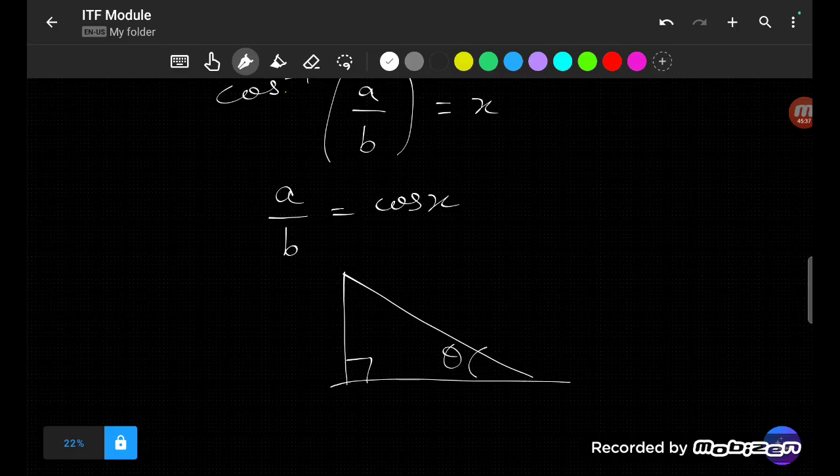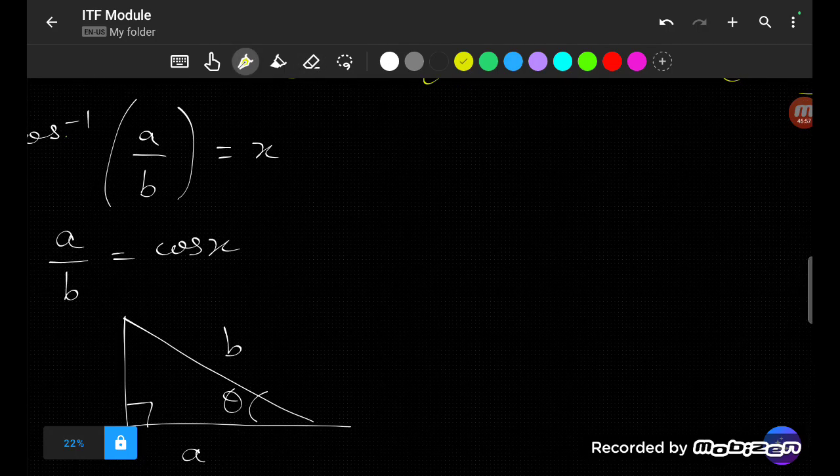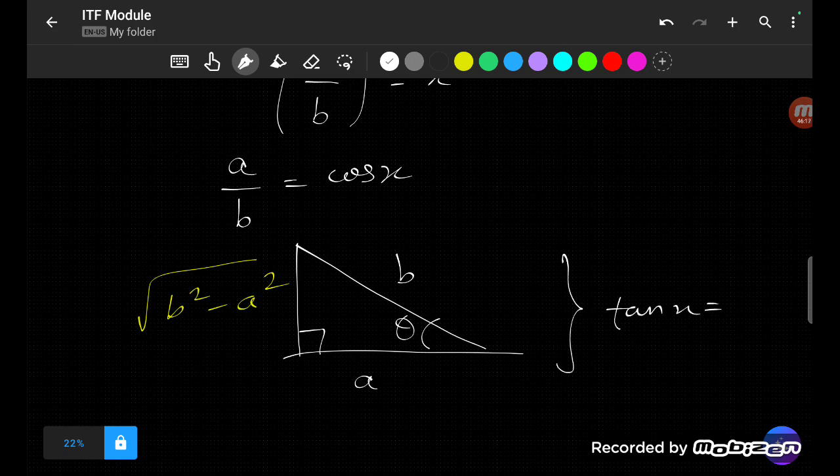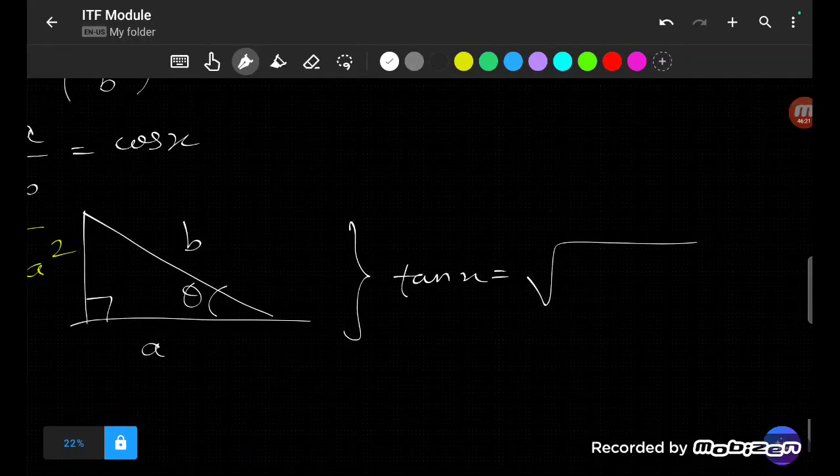What is theta? This will be adjacent over hypotenuse. The length is b square equals x square plus a square, so x will be under root b square minus a square. So tan x equals opposite upon adjacent.